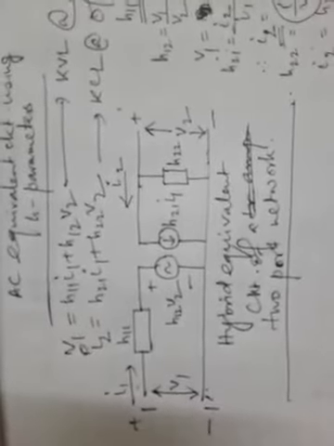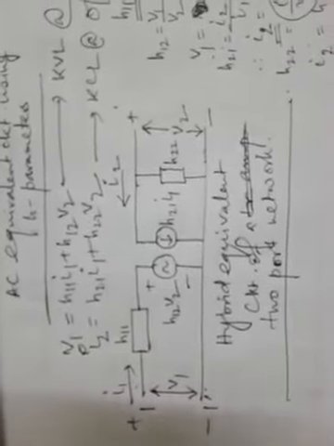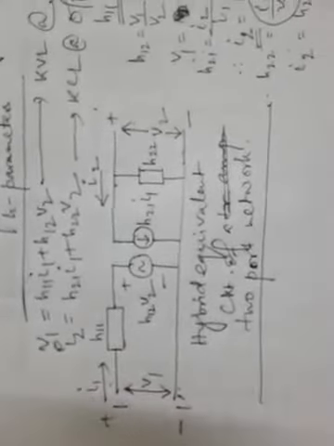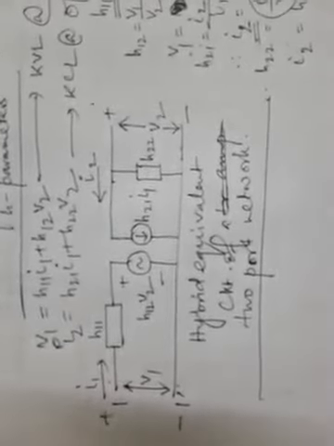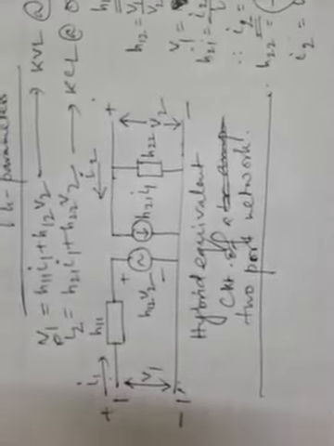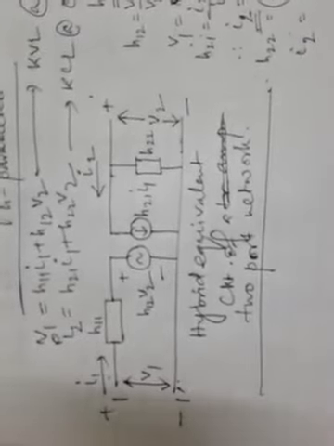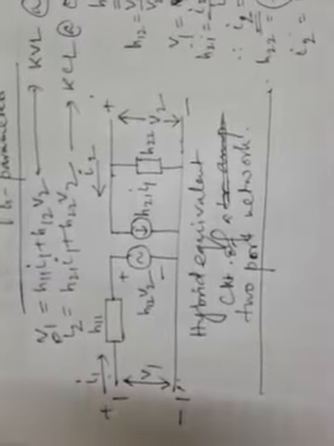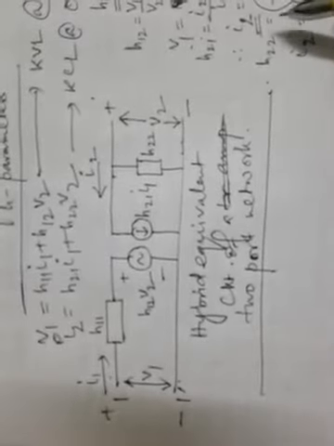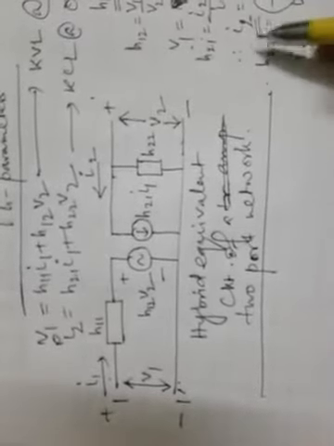Okay, so here you can see the input and output circuits contain dependent voltage and current generators, H12 V2 and H21 I1 respectively.